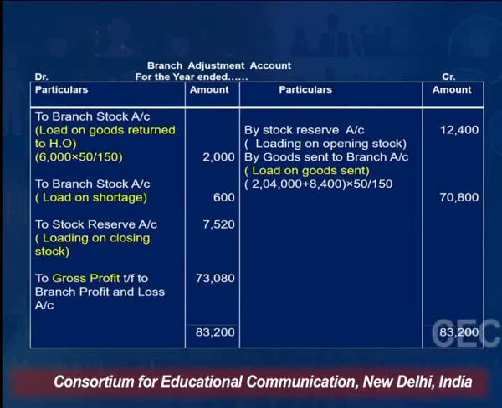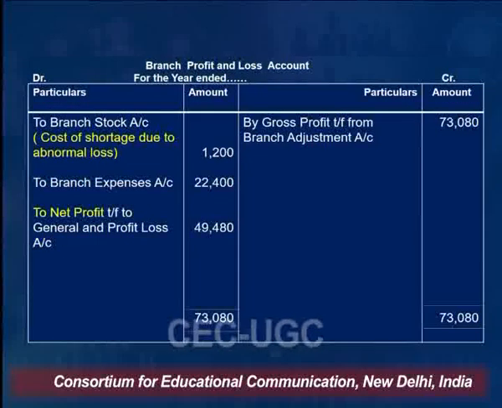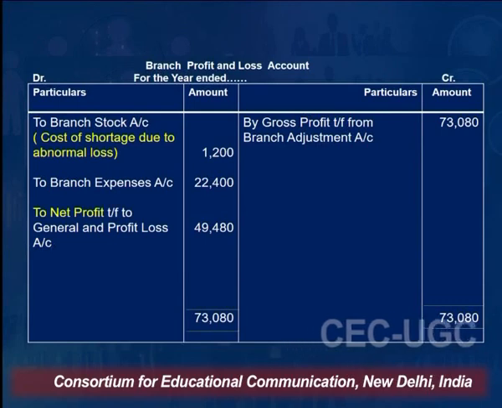So this is the way we prepare the branch adjustment account, and the purpose of preparing this branch adjustment account is to calculate profit. By preparing branch adjustment account, we calculate the gross profit, and this gross profit is transferred to the next account, that is branch P&L account. So finally, we prepare this branch P&L account, and the nature of the branch P&L account is nominal account.